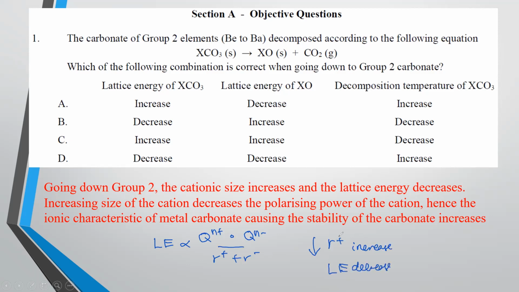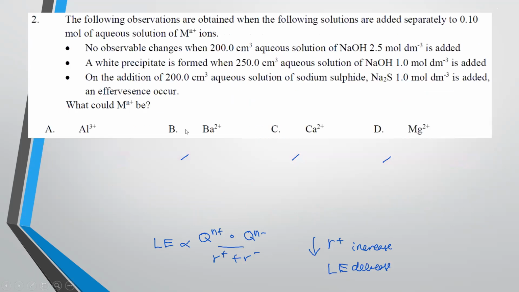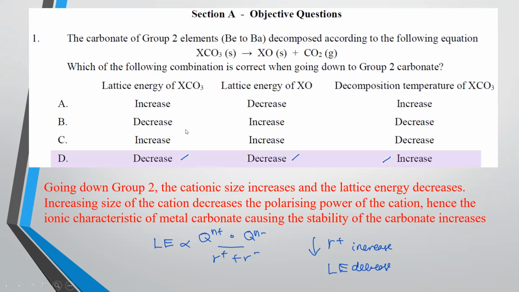So it decreases for both XCO3 and also XO. In terms of decomposition temperature of XCO3, it increases. So the best answer here will be B. Okay, so that is how you answer question number 1.